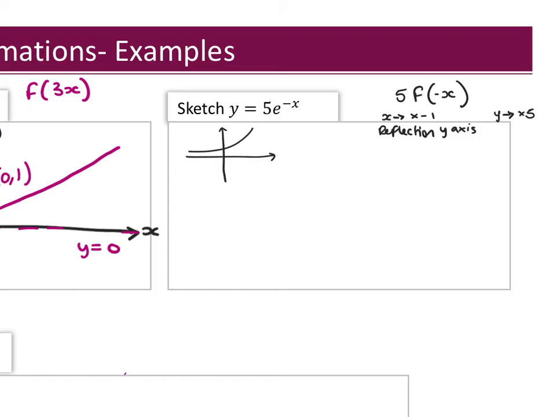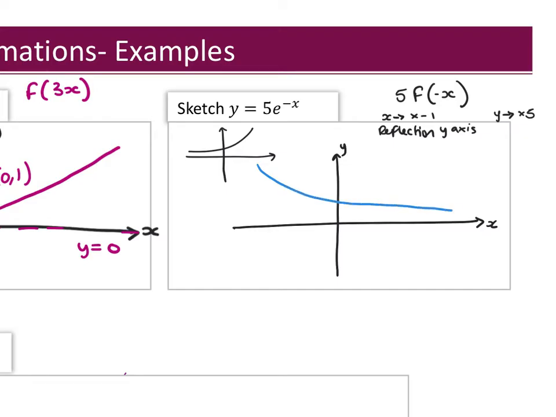So our new graph is going to look like this. Our intercept is now at 0, 5. We still have an asymptote on the line y equals 0, and we can see it's completely different.